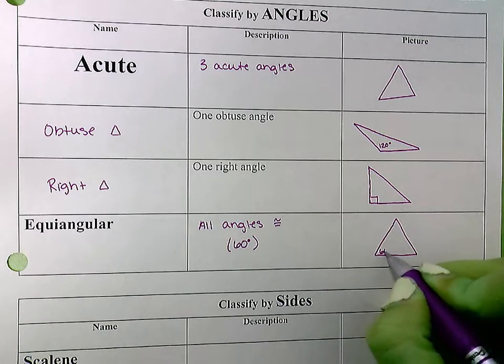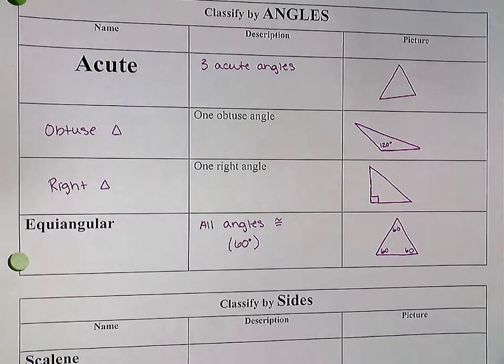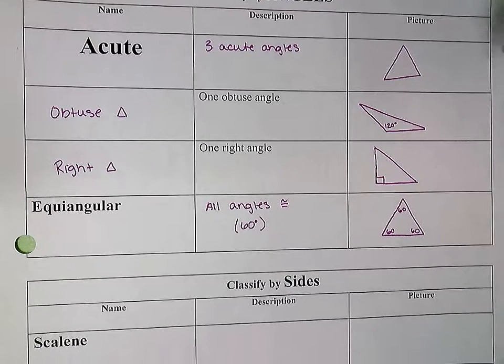Okay, our picture here, all 3 of our angles would have to be 60. Okay, so those are our 4 different types when we're classifying by angles. Any questions on those ones? I'm sure you've seen most of those before.